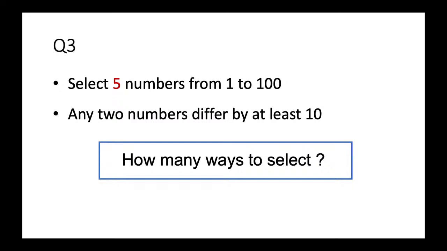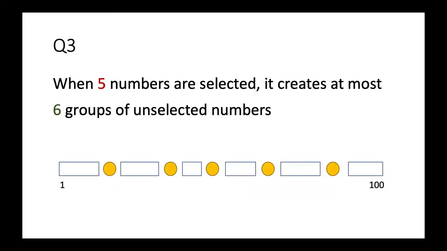Here we use a scenario like this. Suppose that we are going to select 5 numbers from 1 to 100. Let's say we use the orange balls to represent the numbers that we are selecting.